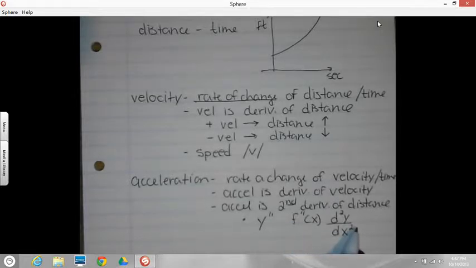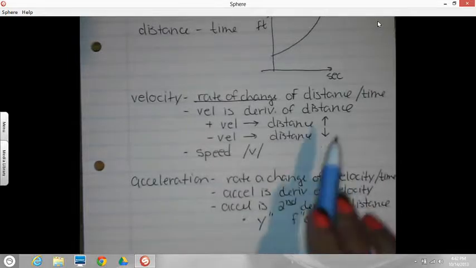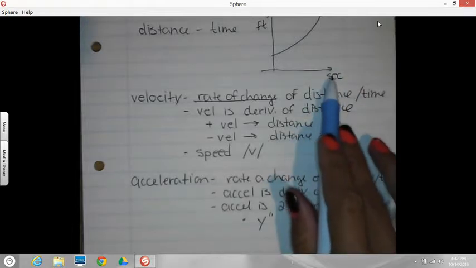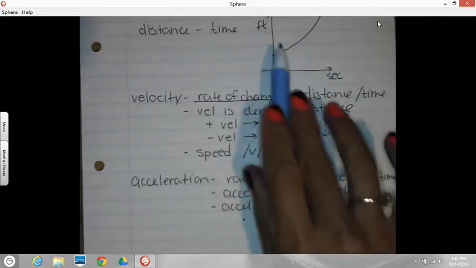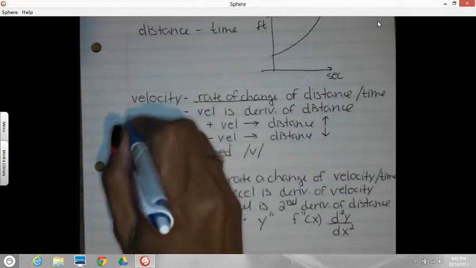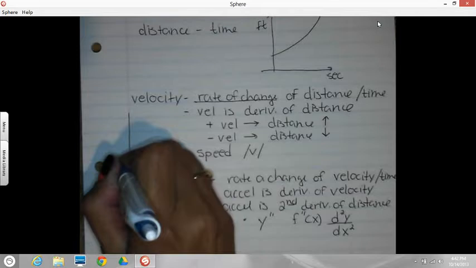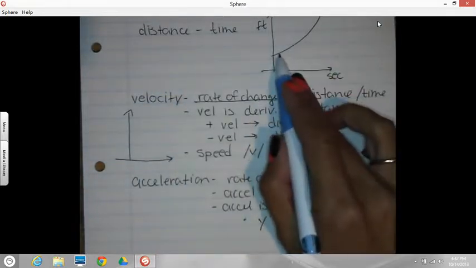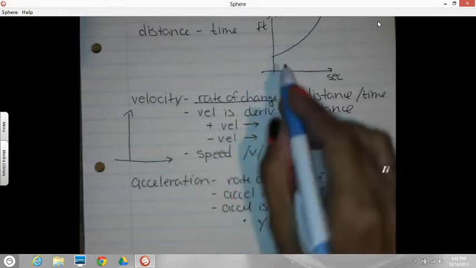So I want to talk about the units again, why they are what they are. Well, velocity is the easy one. It's like feet per second because you're taking the change in feet over the change in seconds. So the velocity graph, if I was to take the derivative of the original function, it's all increasing.